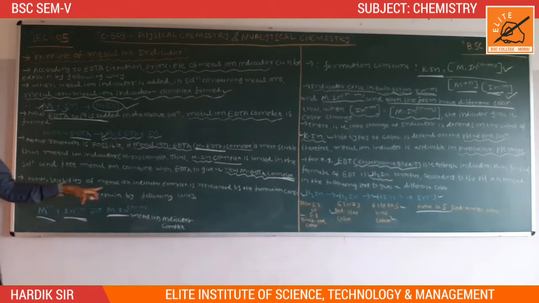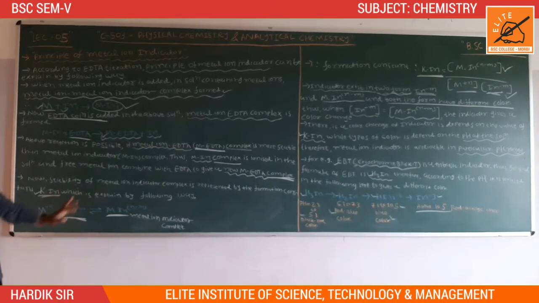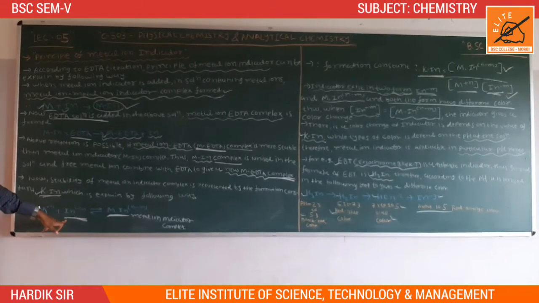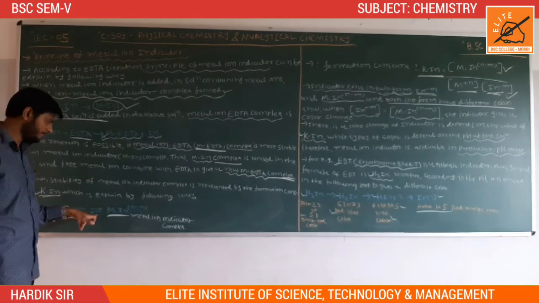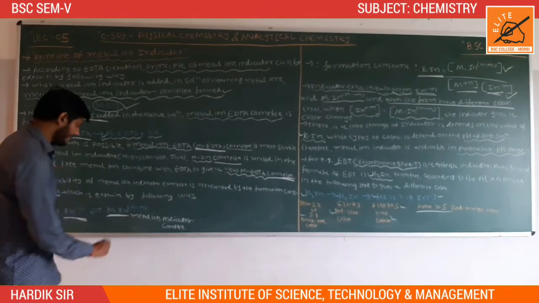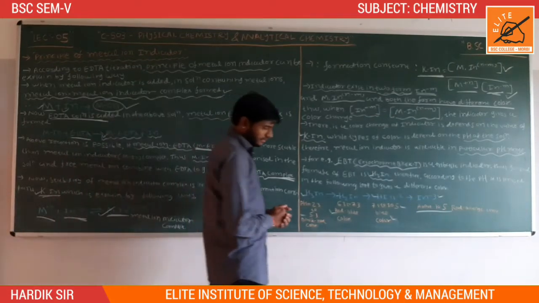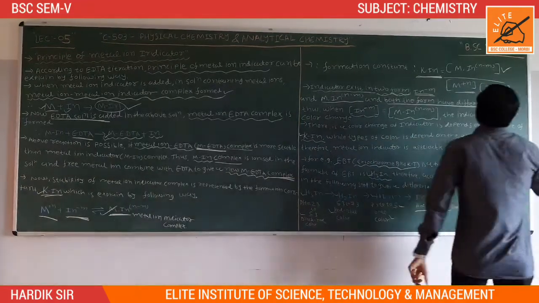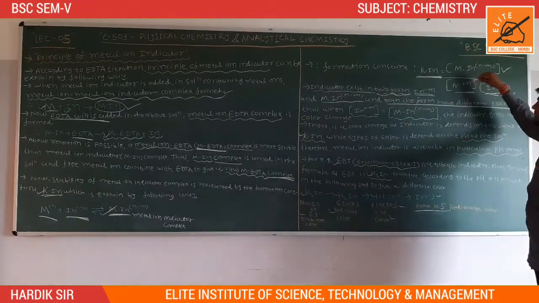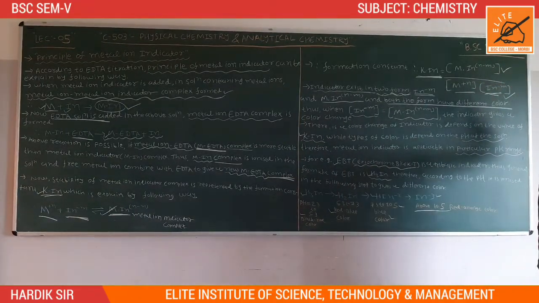Now, the stability of the metal ion indicator complex is represented by the formation constant KIn, which is explained in the following way. Our metal ion reacts with the indicator: M plus In minus reversibly forms the metal ion indicator complex, and the formation constant KIn is equal to the concentration of M In over M times In.